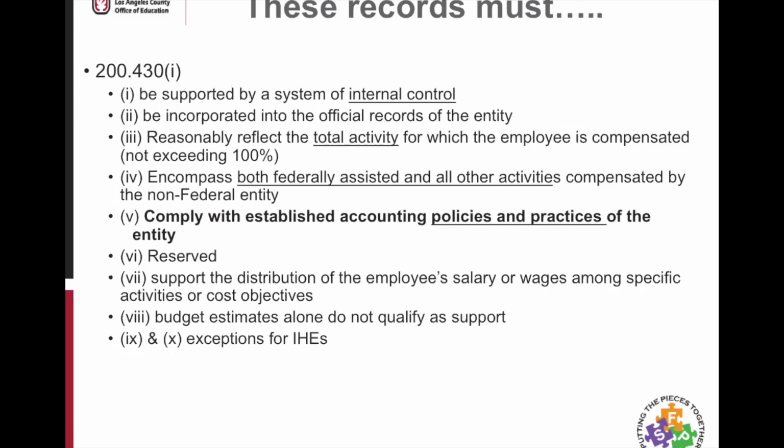So you need to show all the different cost objectives you're working under. And the key one, budget estimates alone don't qualify as support. So you can't just do your budget estimates at the beginning of the year, here's how we're going to fund this person 50-50 or whatever it is, and go forth and do good work. That doesn't work. You've got to have reports, and then you have to reconcile those reports.